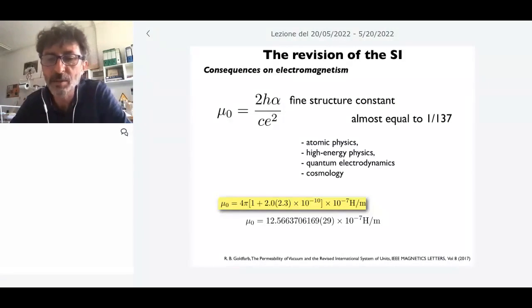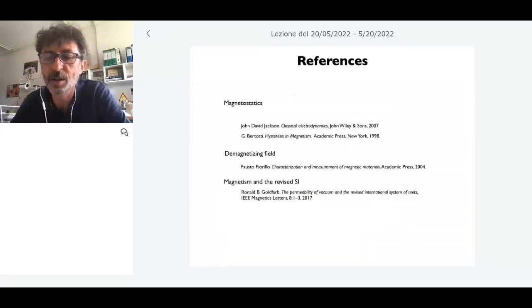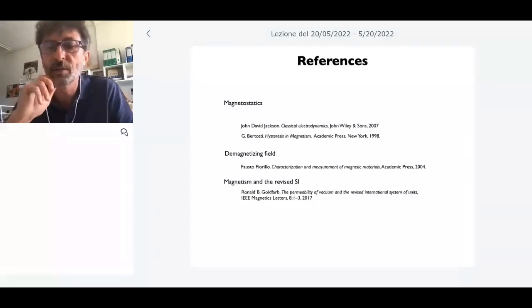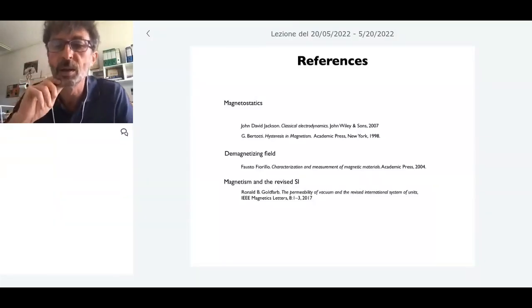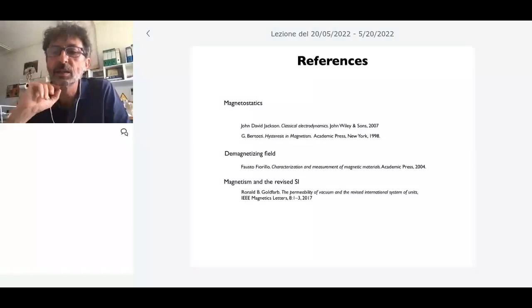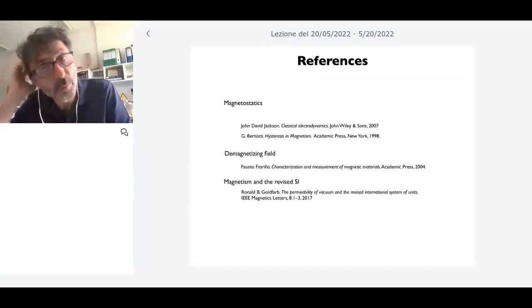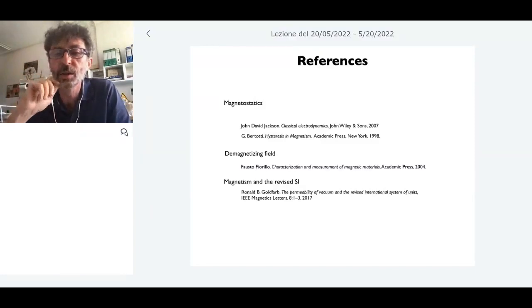Okay, but if you like, there is this paper here by Goldfarb. Maybe I also mentioned this the other time, where this issue is well discussed. Very interesting. So, references: I've taken this from the book of Jackson, Classical Electrodynamics, and from the book of Bertotti, very nice, for magnetostatics and so on.